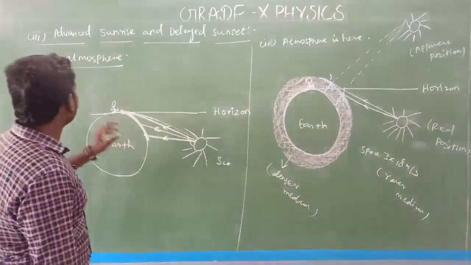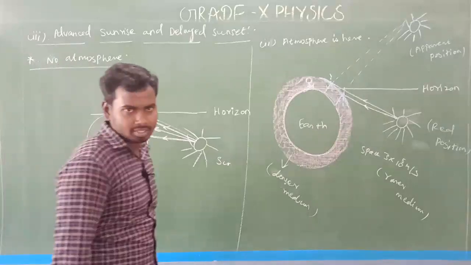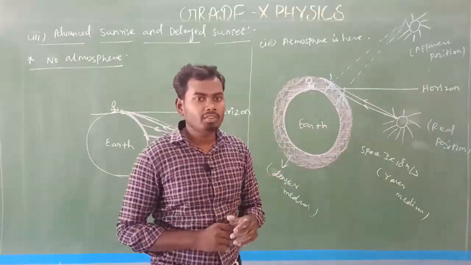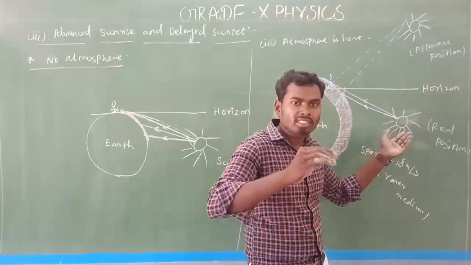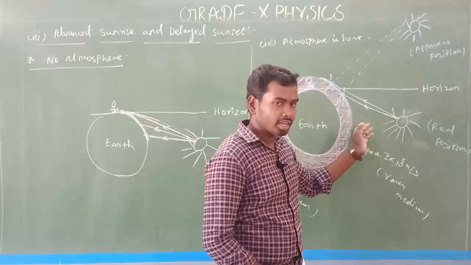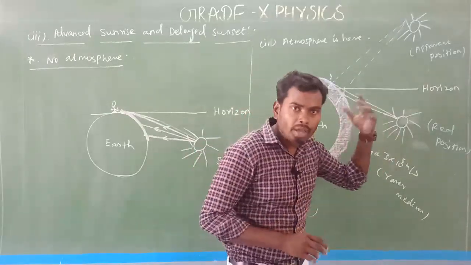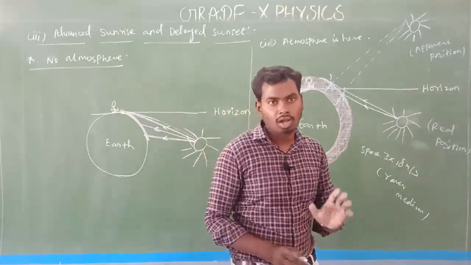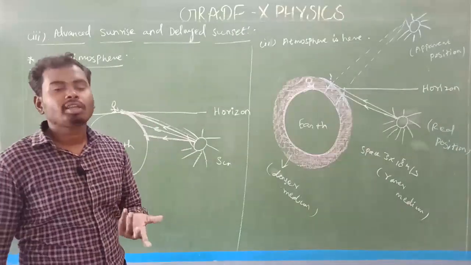That is called advanced sunrise. Due to atmospheric refraction, the sun appears to rise in advance. The sun never actually comes in advance, it only appears so. Is it clear? Yes, sir. It happens due to atmospheric refraction.